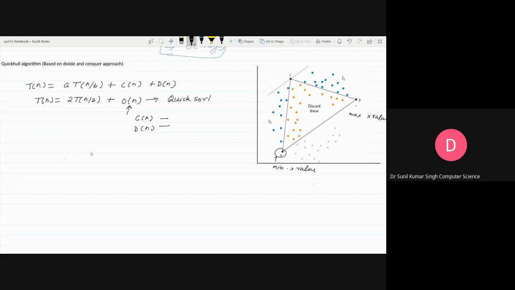So those points are A and B, right? If you are going to write the algorithm, maybe you can write it like QuickHull, and here pass the set of points, maybe S or maybe Q, whatever you are using as notation.